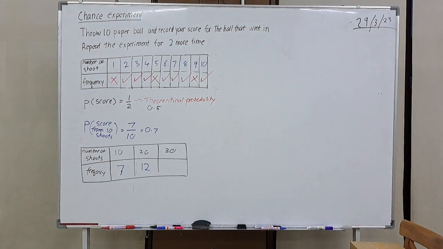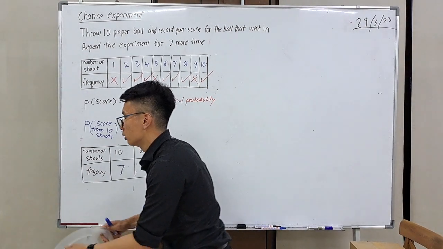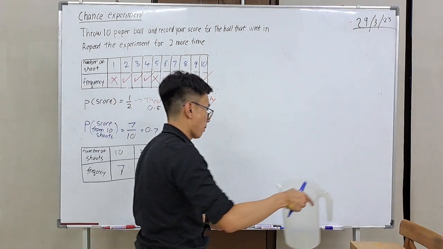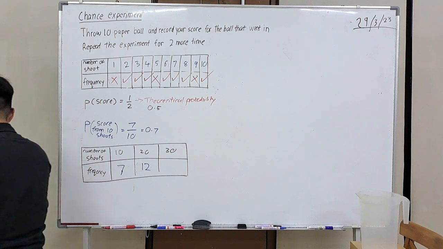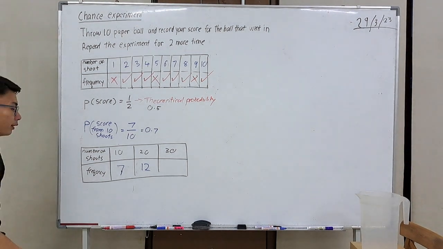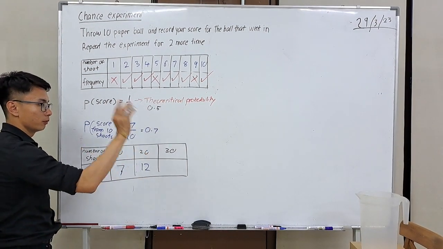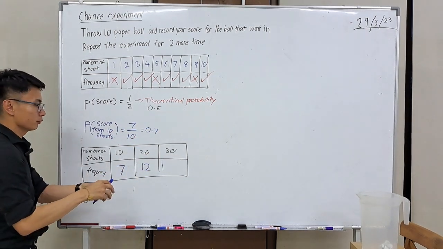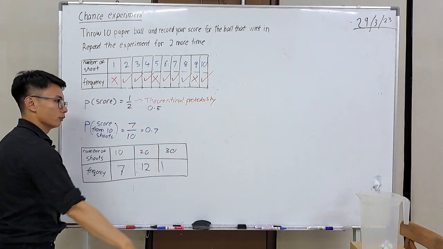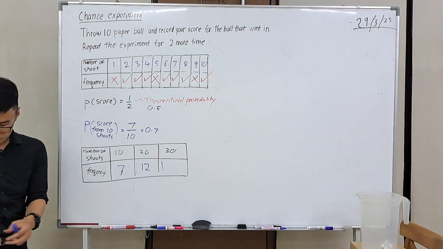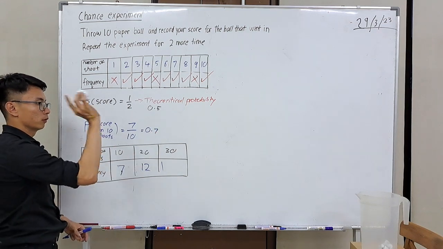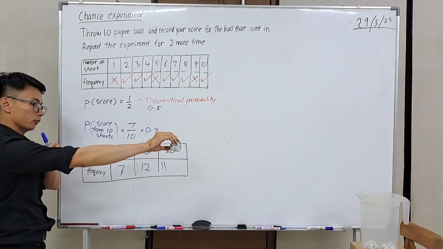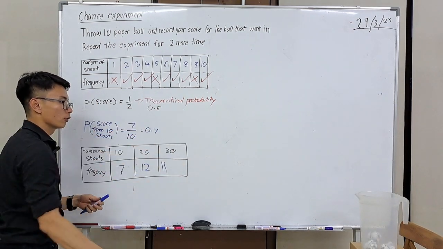Let me get my paper first. I'll repeat my experiment one last time. Score. Miss. Score. Score.